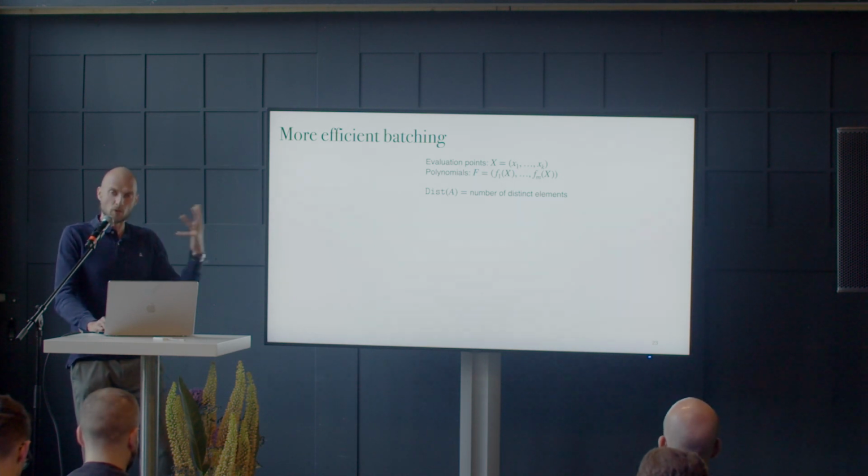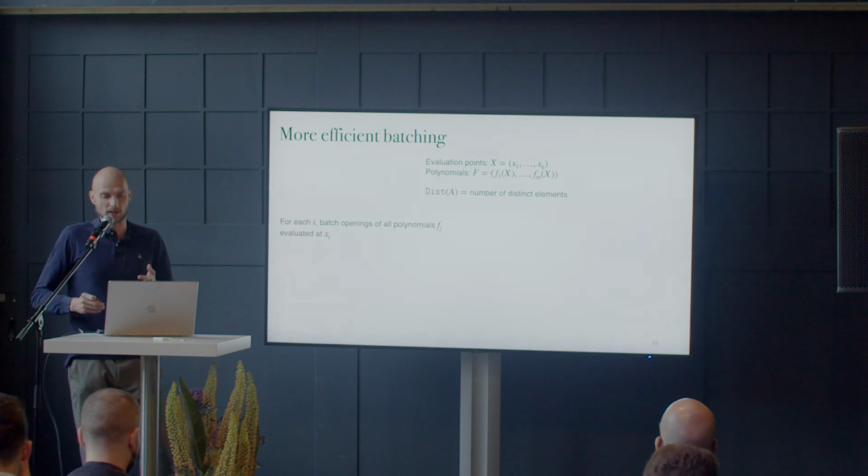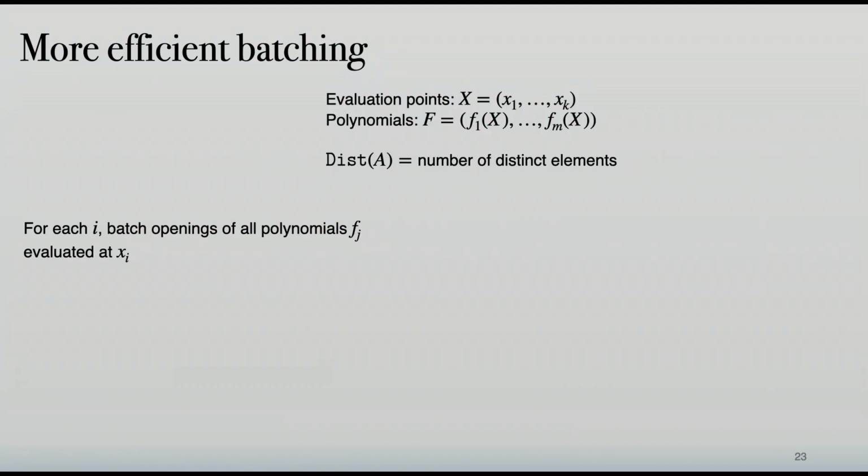So we have two ways of batching polynomial commitments. First of all, for each i, we can batch the openings of all polynomials fj evaluated at xi. To put it more illustratively, say we have the polynomials f1, f2, f3, and we can batch all of the openings at some point x1, okay?